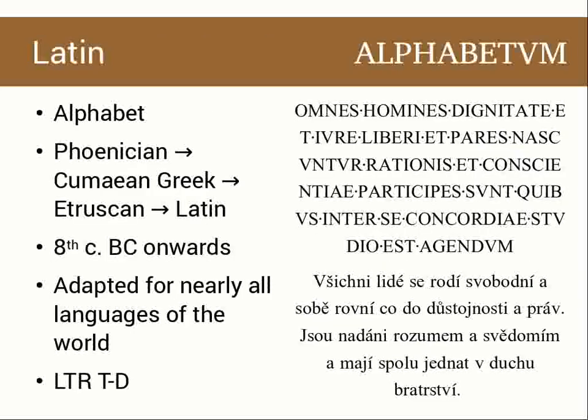And here we go with Latin. It's one of the purest alphabets, technically speaking, at least originally. It evolved from Phoenician through Greek, through Etruscan writing, and it was known to be used as Latin alphabet from 8th century BC.